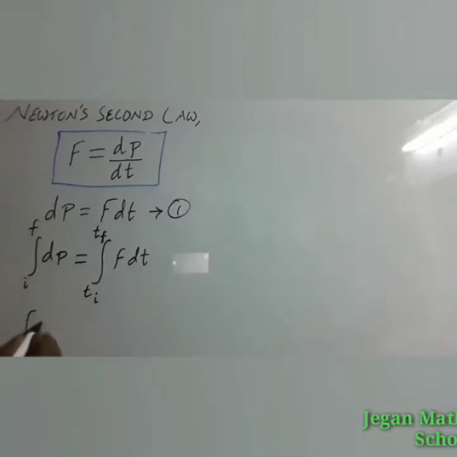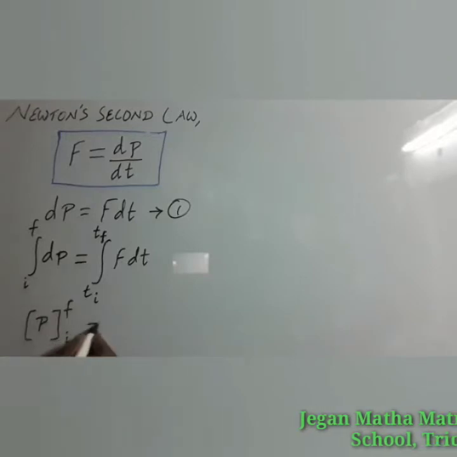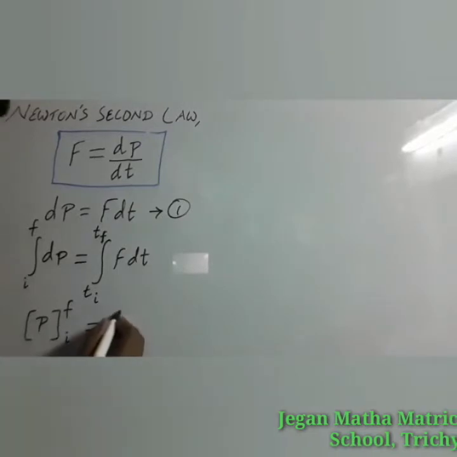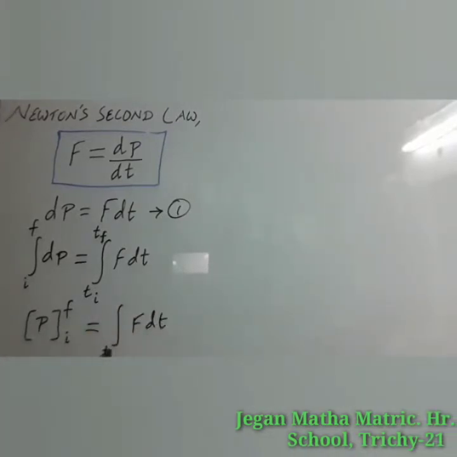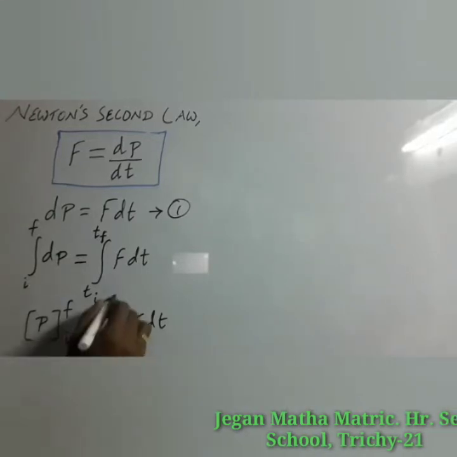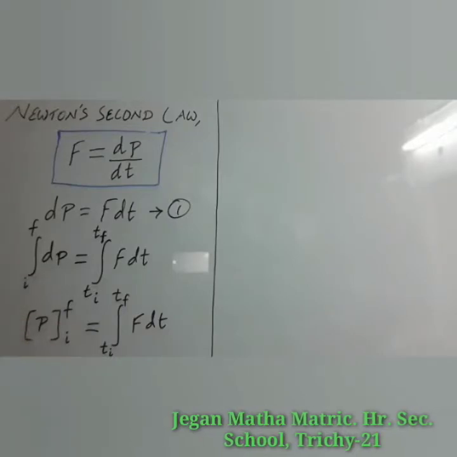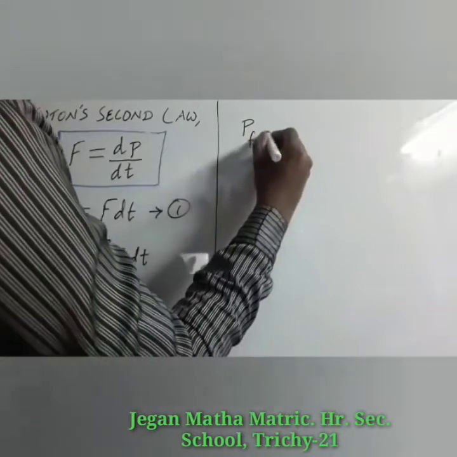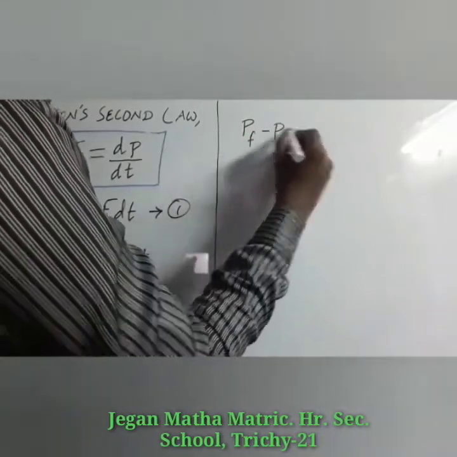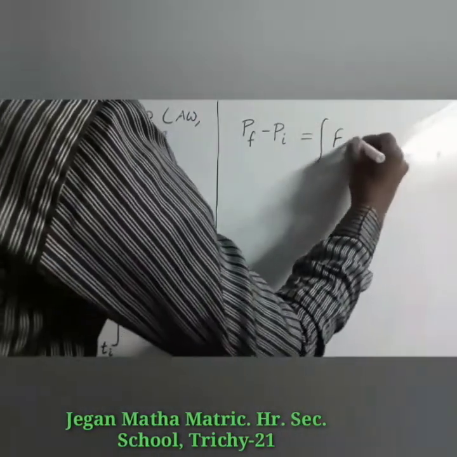P. The next step, you can apply the upper limit and the lower limit. That is equal to, on the right side as it is, we can write the integration of F dt from ti to tf. We apply the upper limit minus the lower limit. So it can be written as pf minus pi, equal to the integral of F dt from ti to tf.